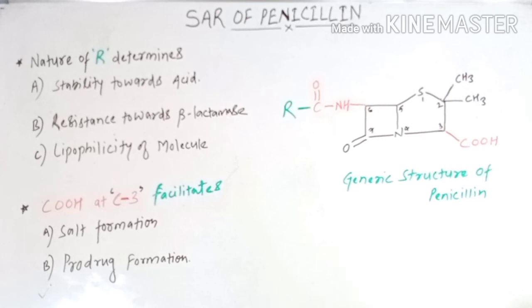First is your bacampicillin and the second one is your procaine penicillin. Both of them deliver the active moiety of penicillin within the body and thus exert its pharmacological action. So this is all about the SAR of penicillin.